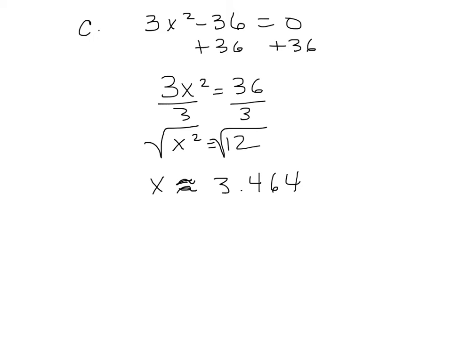Okay, but keep in mind that when we take the square root of a positive number, there's actually two possibilities, because 3.464 times itself could give us 12, but negative 3.464 could also give us 12.